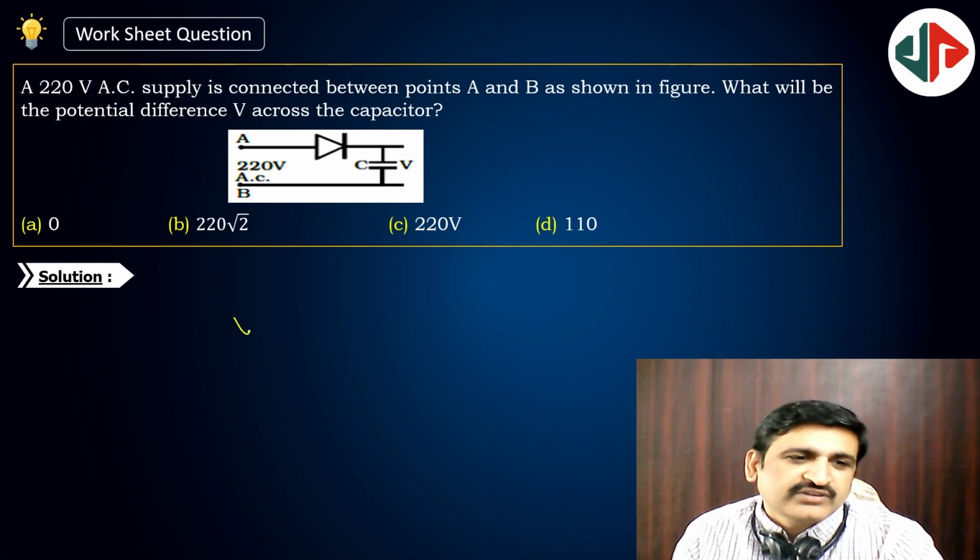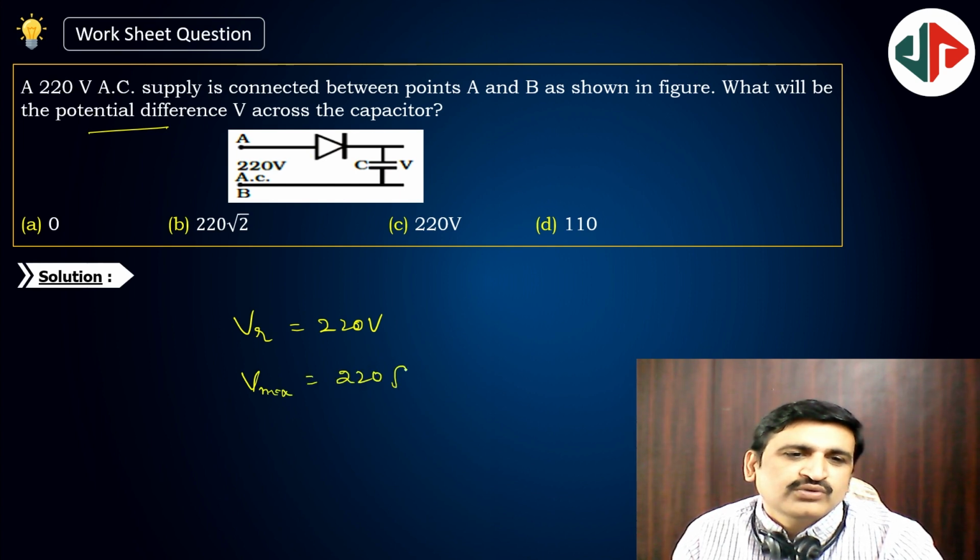Voltage will be that only. So Vrms is equal to 220 only. But he is asking maximum. The potential difference across it is V max, the peak value, equal to 220 root 2. So option B should come.